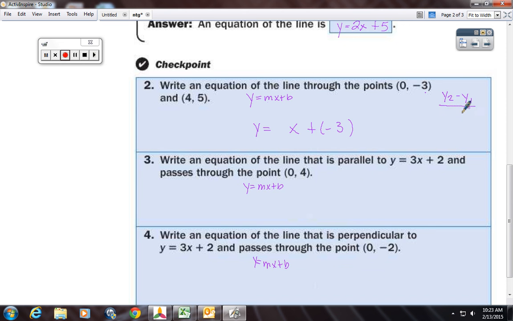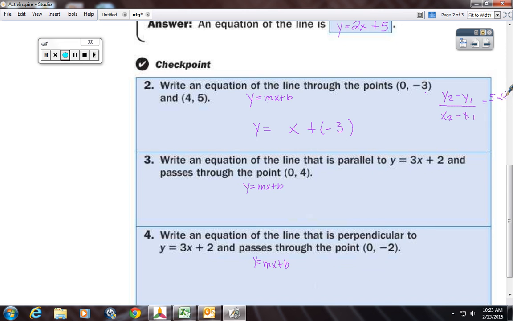Times x1. We've got 4 numbers. Which number up here is the second y? 5. Here's the first y, here's the second one. So the first y minus the second y, which is -3. Sorry, I didn't squeeze that in. So it's 5 minus -3.